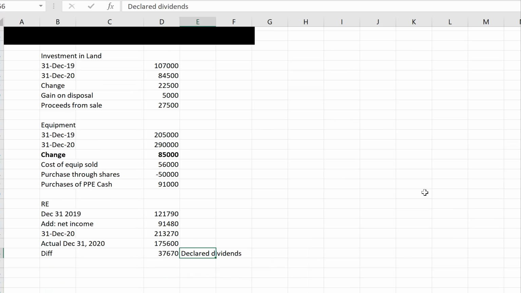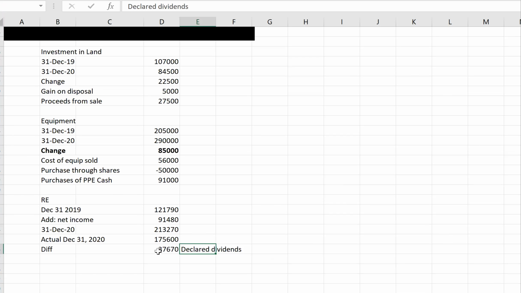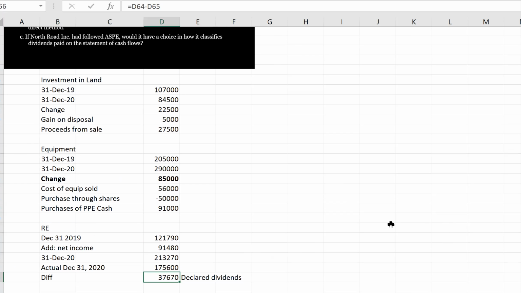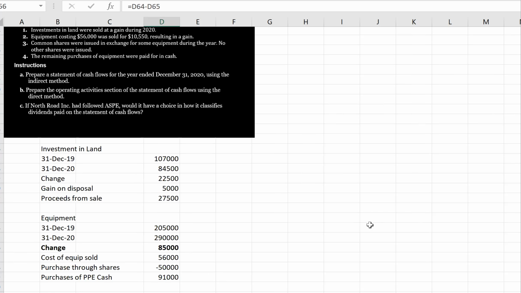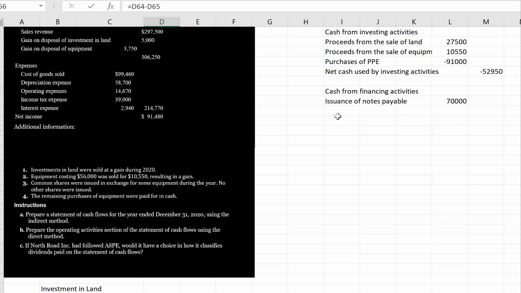So let's show that as a deduction or a cash outflow in our investing activities section. So 37, or in our financing activities section, my apologies. So we're going to have dividends, payment of cash dividends. And here we're going to have the outflow of $37,670, which is what we just calculated.